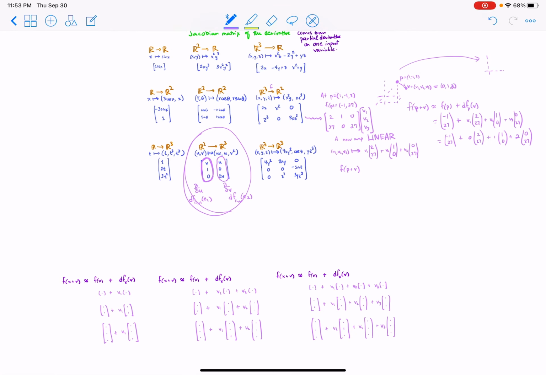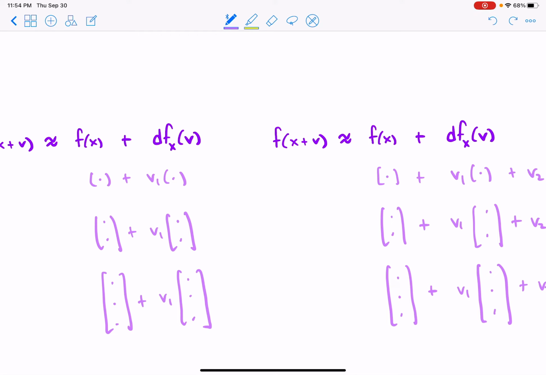So here we have our maps with a one-dimensional input and outputs 1, 2, and 3-dimensional. There you see there's always a one-dimensional input, so our movement vector is just a single number. Our input space looks like that. We pick a point P, and then our movement vector is some number, like here, maybe it's -3.